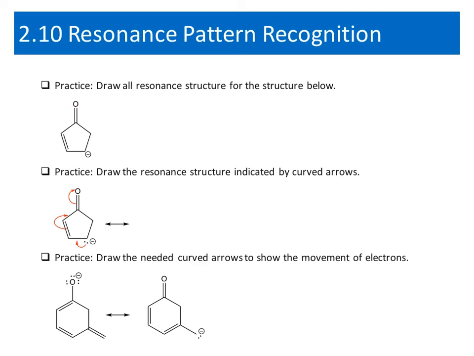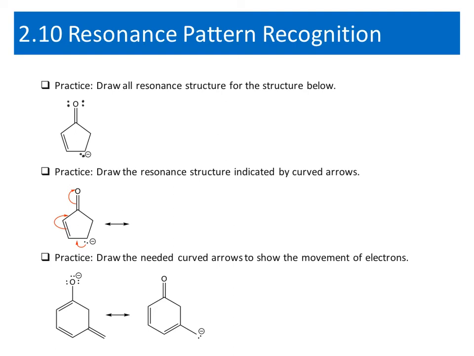I know that it has 2 lone pairs of electrons on it. So I draw them here. And then I have negatively charged carbon. I know that carbon, negatively charged, has a lone pair of electrons. Right? And I draw that here.